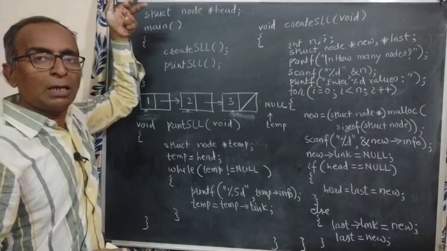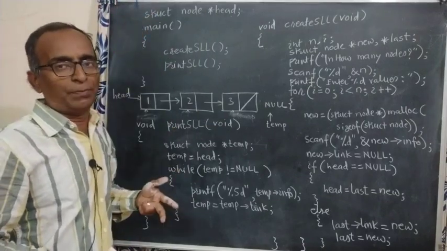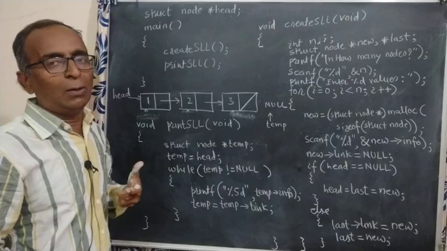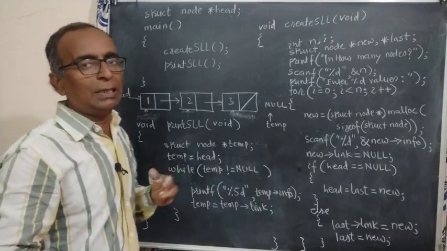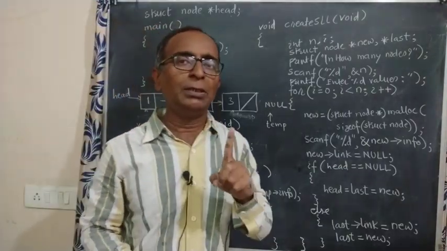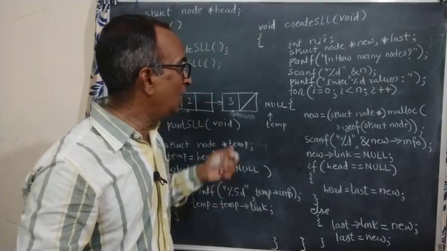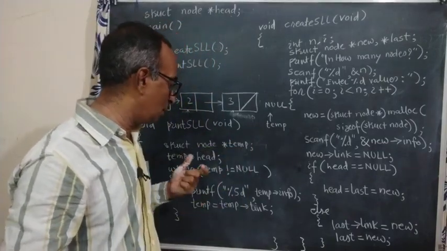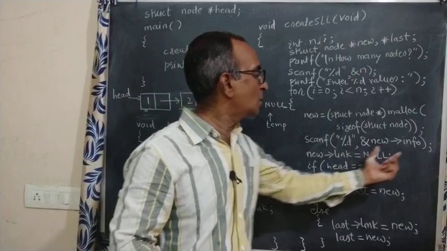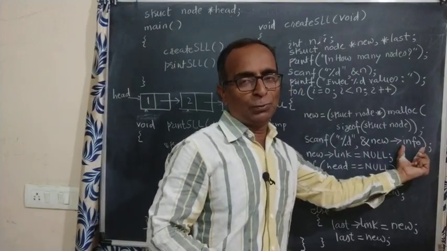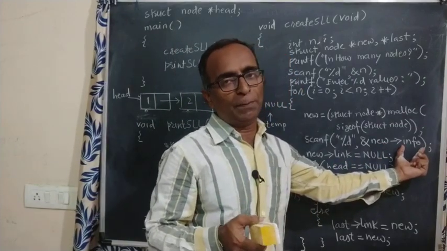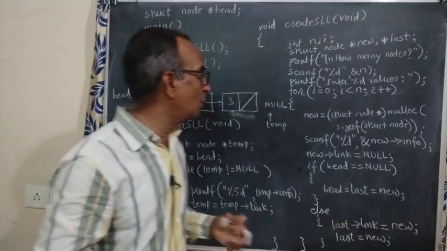Then you have to declare a structure. What are we assuming in the structure declaration? Two members. One is an integer member, and the name of that field is info, because you are writing info here. So the first field is int info. And what will be the second field of a node?